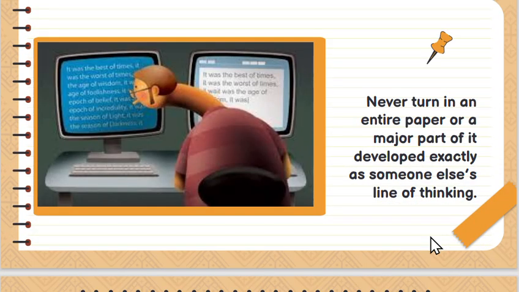Also, in order to avoid plagiarism, never turn in an entire paper or major parts of its development exactly as someone else's line of thinking. So as I told you, try not to use someone else's ideas. Try to be creative, use your own ideas.